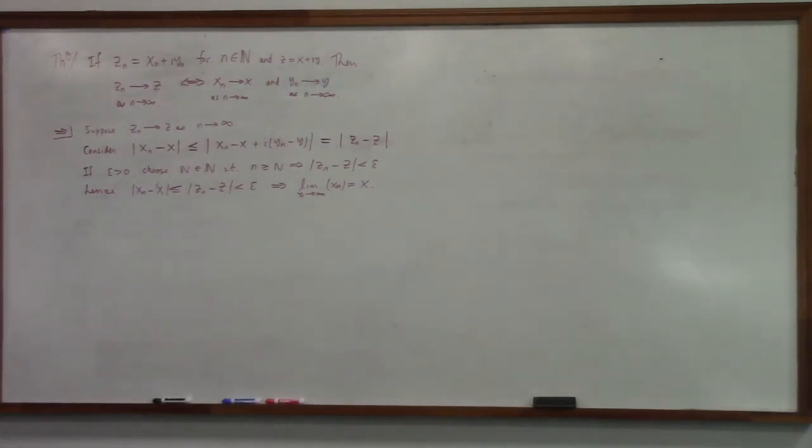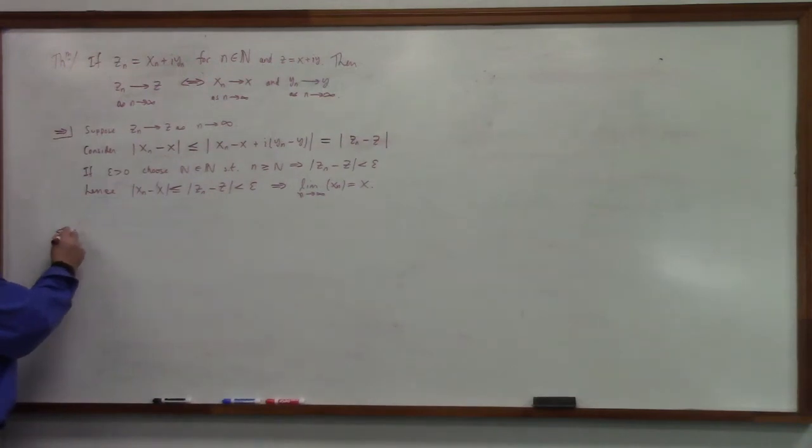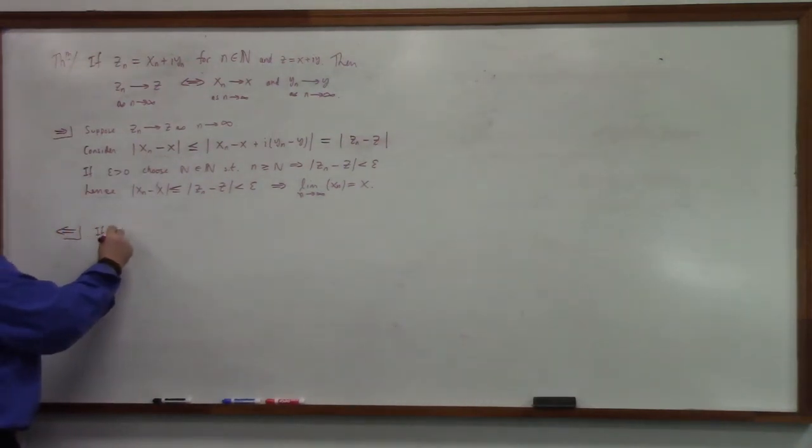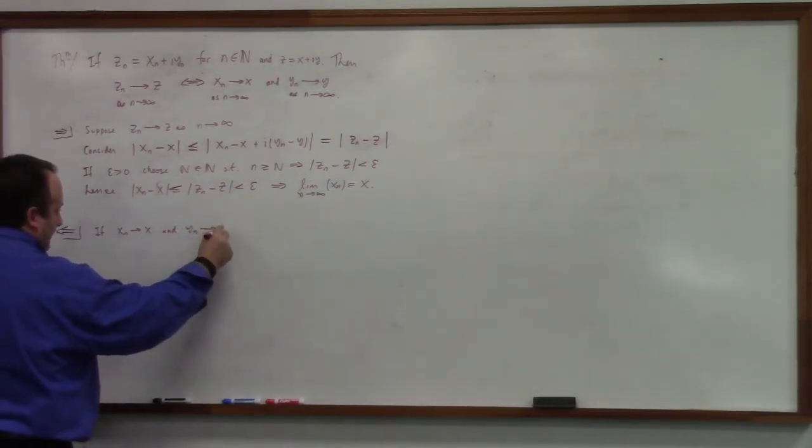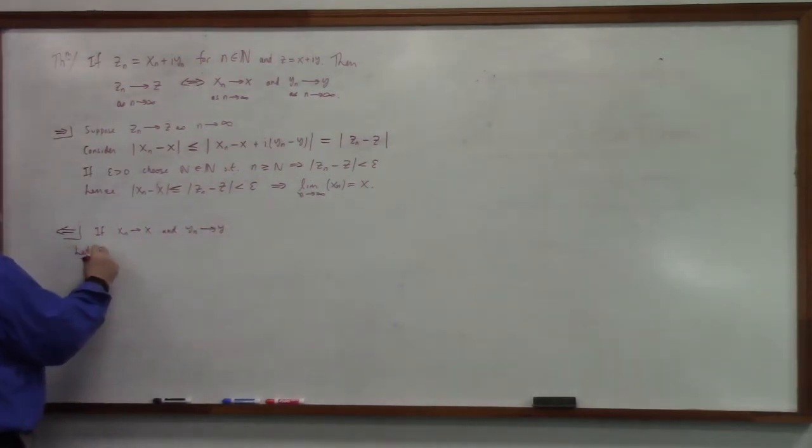The converse direction would be something like this, right? If xn goes to x and yn goes to y, let epsilon be greater than 0.